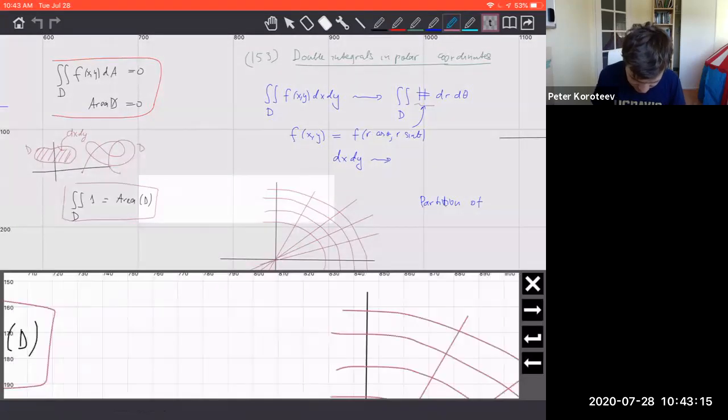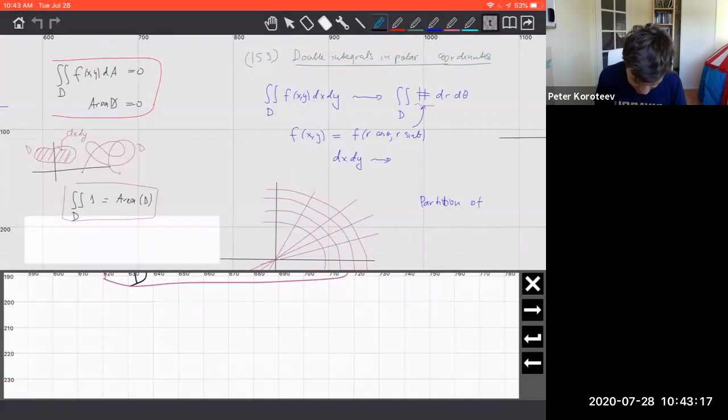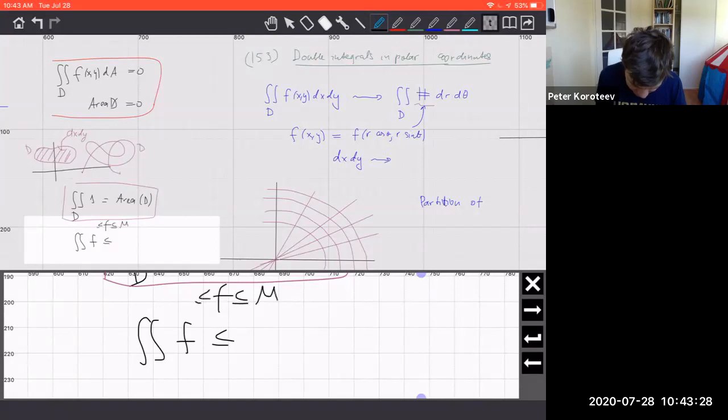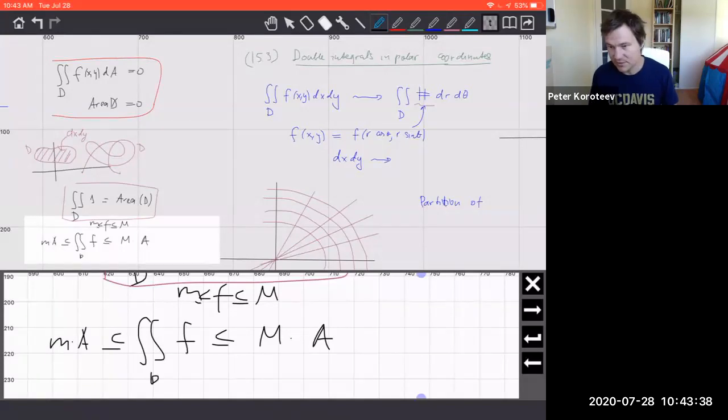We had a formula on the bottom saying that if function f is bounded between little m and big M, then the double integral is bounded by the area. Therefore, this integral will vanish by the squeeze theorem.